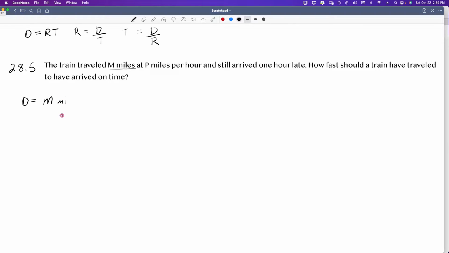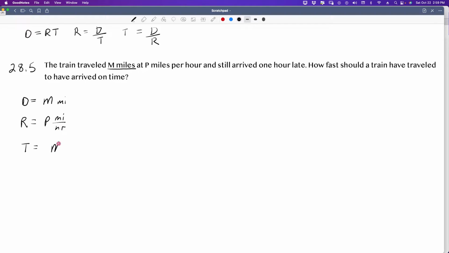Okay. Our rate that it traveled is here. It traveled that distance at this rate, p miles per hour. So the rate, I think I'm going to write it over here, just to make it easier, is equal to p miles per hour. And the time, which we know is the distance divided by the rate, we take the distance and we divide it by the rate.